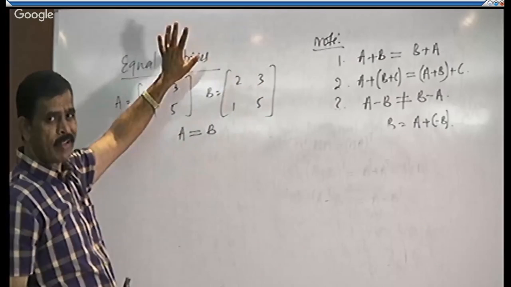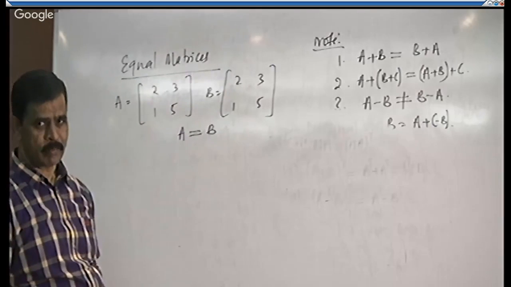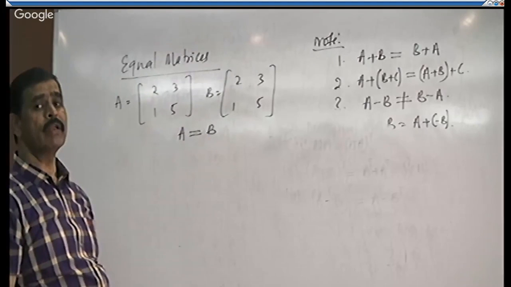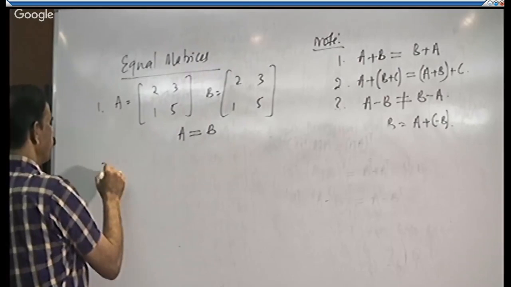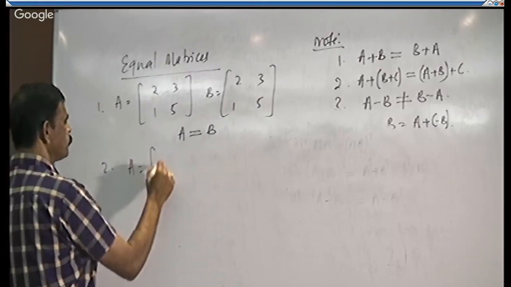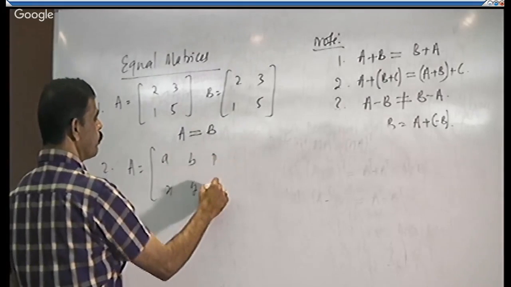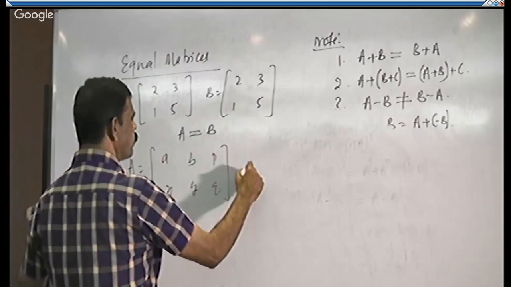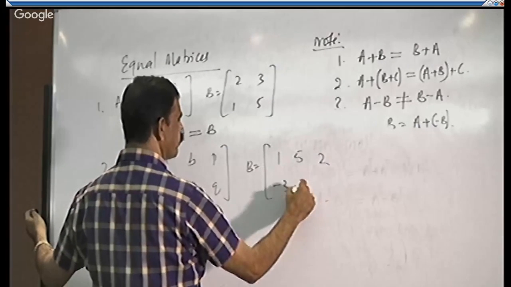Equal matrices are nothing but what? One matrix is the mirror image of another matrix. Such matrices are said to be equal matrices. You see another example, second example. A is equal to A, B, X, Y, P, Q. There is another matrix B, 1, 5, 2, minus 3, 7, minus 6.